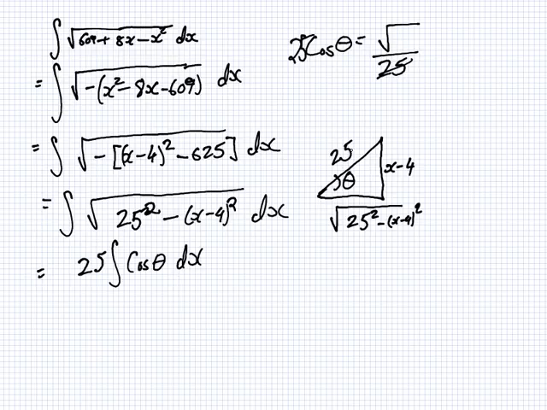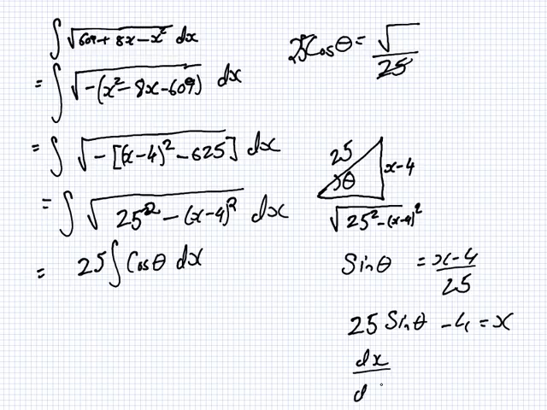So if I go back to this triangle, what does sine theta equal? That's equal to x minus 4 over 25. So if I differentiate, well, let me just clean it up a little bit. 25 sine theta minus 4 equals x. So what does dx d theta equal?